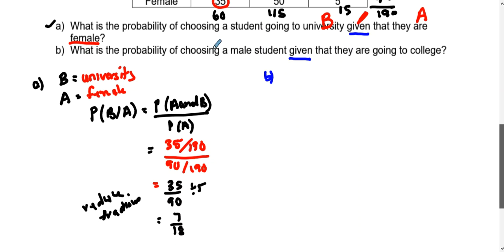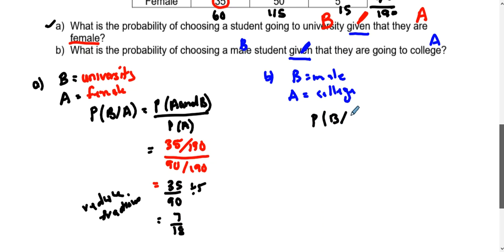Choosing a male, there's my B, so B is male, given going to college, there's my A. If I write down my formula again, B given A is the probability of A and B over the probability of A. That does not change, just the numbers we put in there.